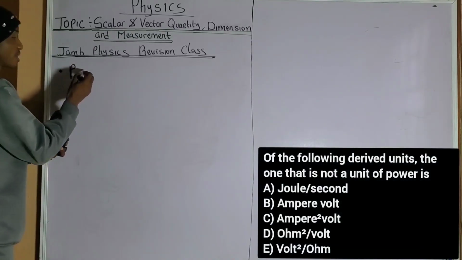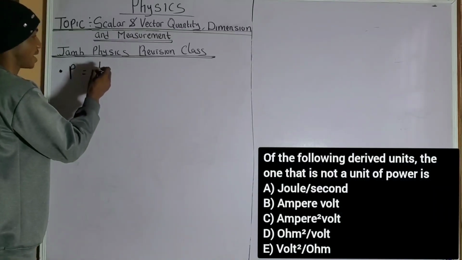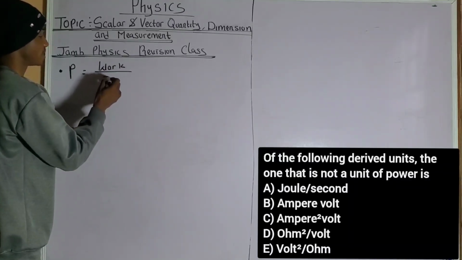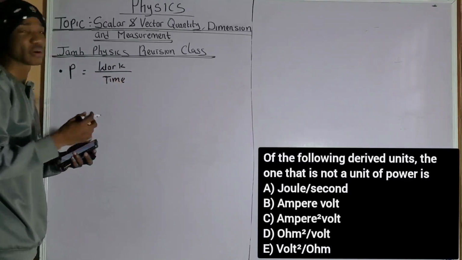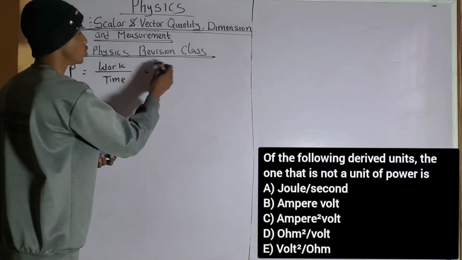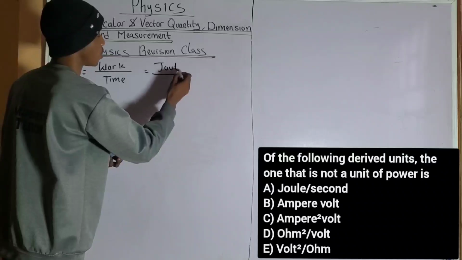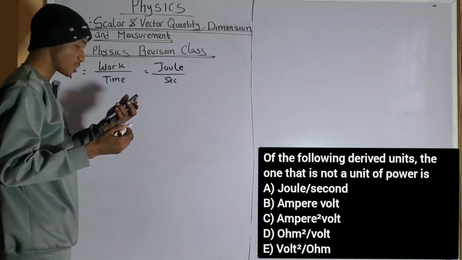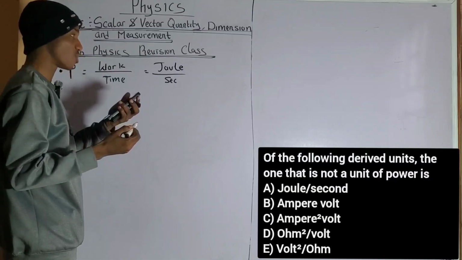Power is equal to work over time, right? Because power is the time rate of doing work. So now work is measured in what? In joule. And time is in seconds. So the first option, which is joule per second, is correct.